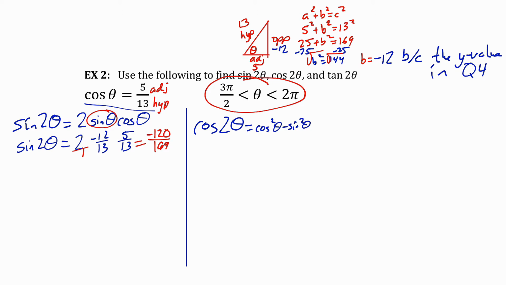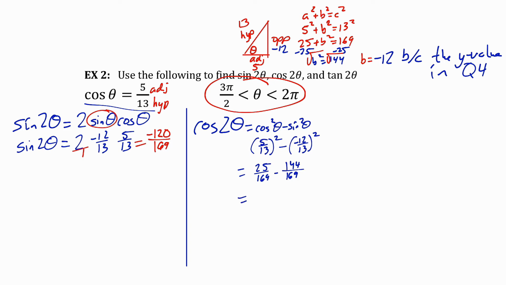But cosine squared, we already know what cosine is. So cosine is 5 over 13, and we're going to square that. Minus sine squared, well, sine is negative 12 over 13, and we're going to square that. So cleaning this up a little bit, 5 squared is 25, 13 squared is 169, minus negative 12 squared is 144, and then again 13 squared is 169.